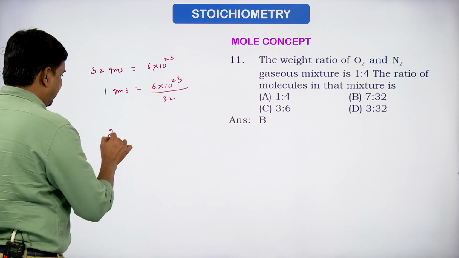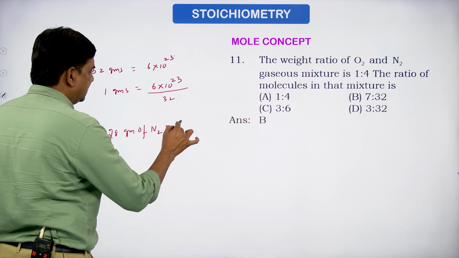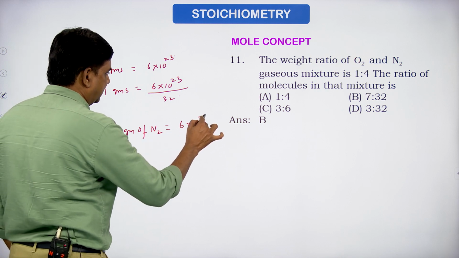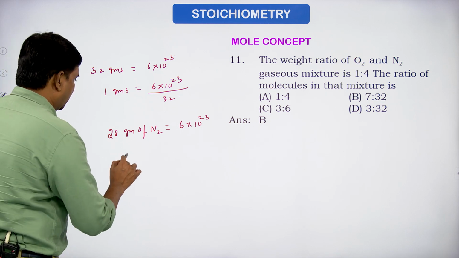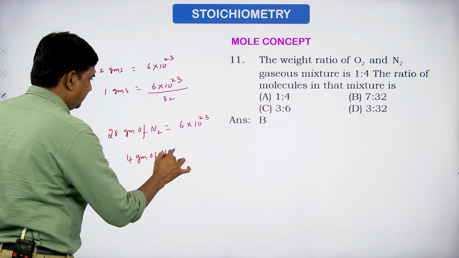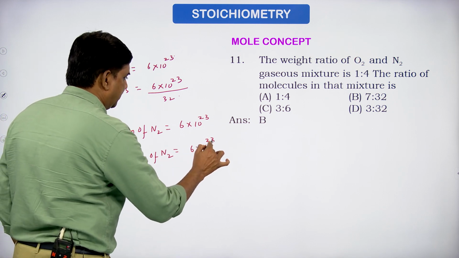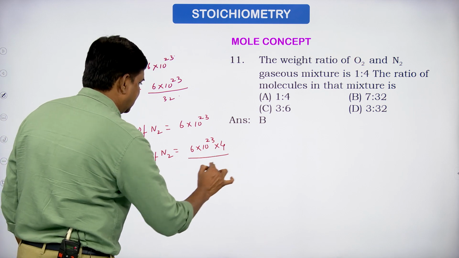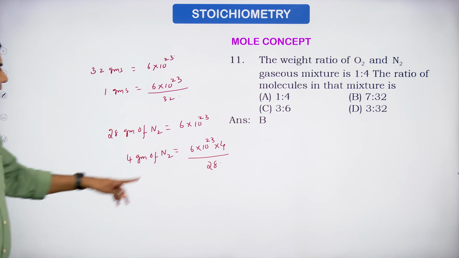And we know that 28 grams of nitrogen contains 6 into 10 power 23 molecules. Therefore, 4 grams of nitrogen contains 6 into 10 power 23 into 4 by 28 number of molecules.